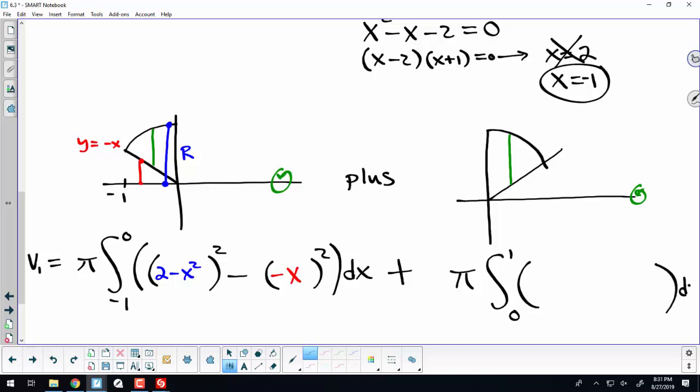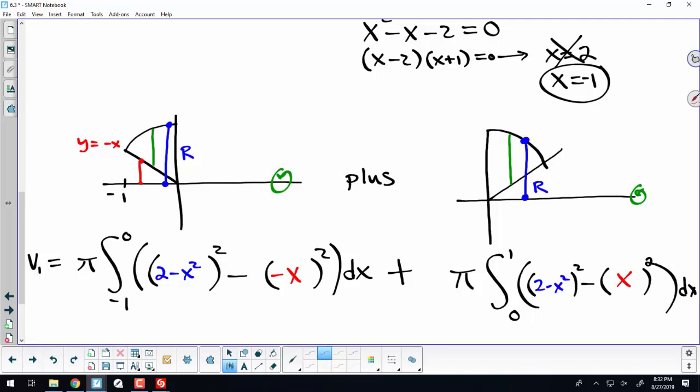Outer radius, again, is from the function furthest from the axis of revolution. So that's 2 minus x squared, squared, minus the inner radius squared. Over here, the inner radius is determined by y equals x.